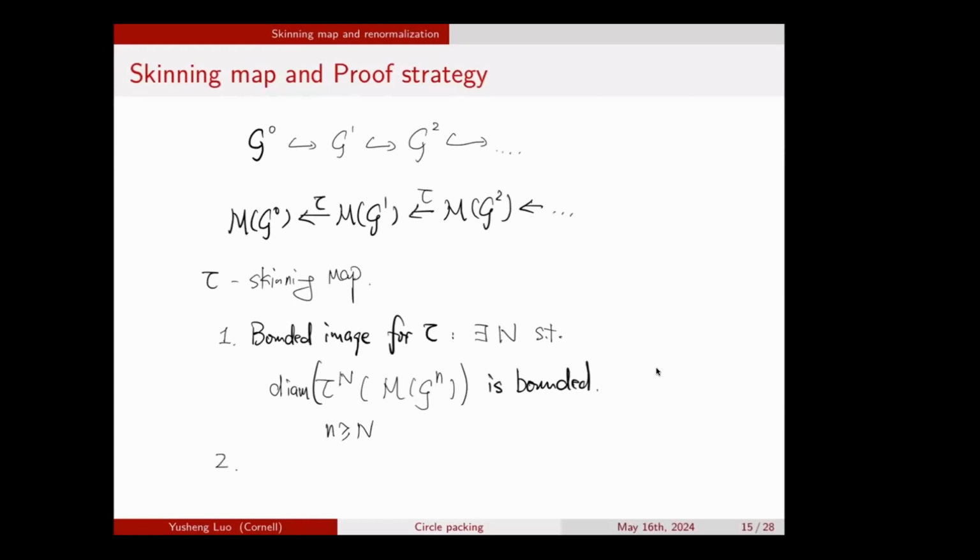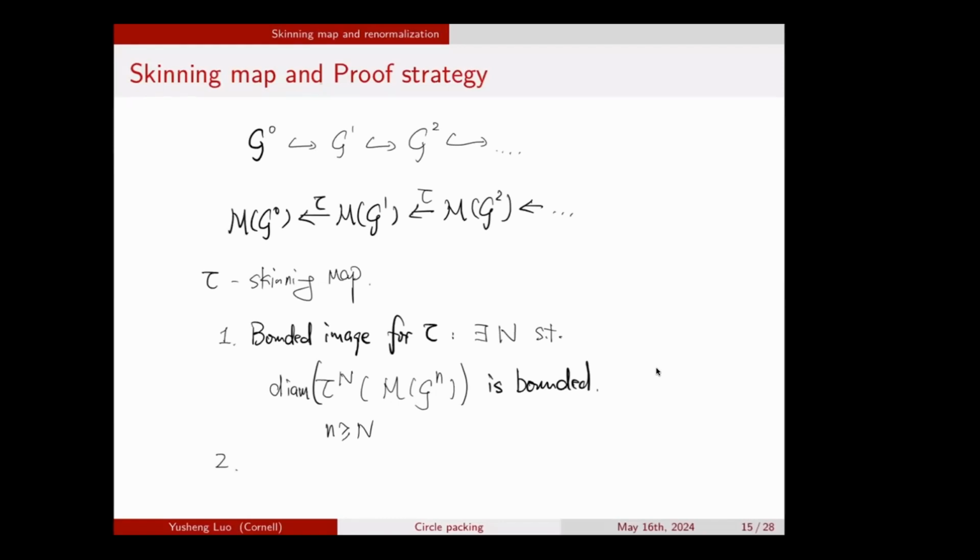And the second part follows from the fact that this tau is the restriction of some holomorphic map. Although these moduli spaces are not complex manifolds, they are real slices of some complex manifold. And this tau is the restriction on these real slices of some holomorphic map, and the Teichmüller metric is the Kobayashi metric. So you have this contraction with respect to the Teichmüller metric.